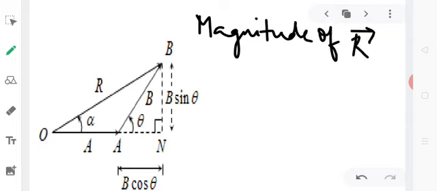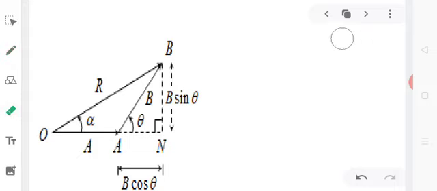Now in order to find out the magnitude of vector R, what shall we do? We will drop a perpendicular BN to OA produced. Now as you can see, OA has been produced to N. So we are dropping a perpendicular BN to OA produced.